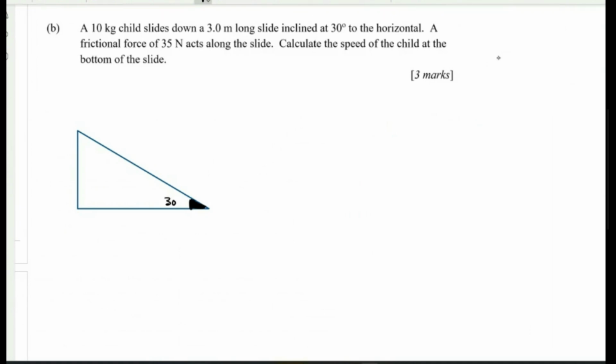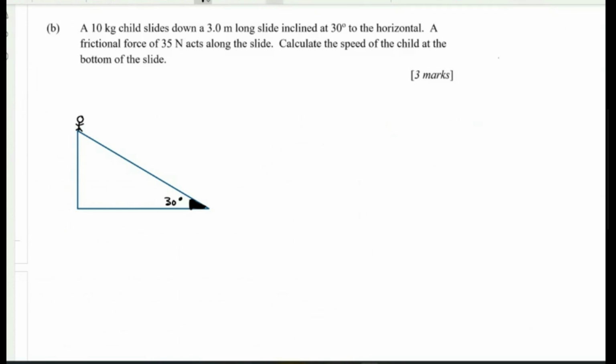Okay. So 30 degree. And then this is the child. Okay. We consider the child sliding down from the top of the slides. Okay. And then the height is not given, but given 3 meter long slide.